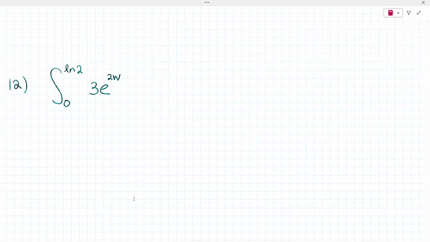So what do I do? Well, I could take out this 3 if I want to, right? So you have 0 and then ln of 2, and then you have e to the 2w. Then what I could do is, so we're taking the integration of e raised to the 2w.